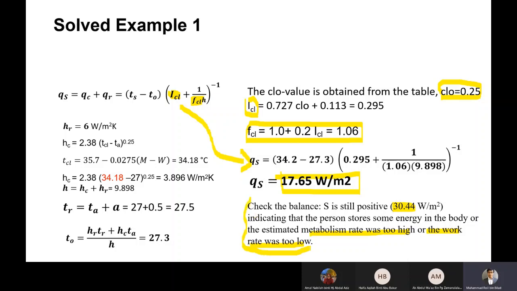I've tried many times and I never got it fully balanced. First of all, the equations are just estimations. The second thing is it really depends on the person and on your assumption of the working condition. Okay, that is solved example 1.